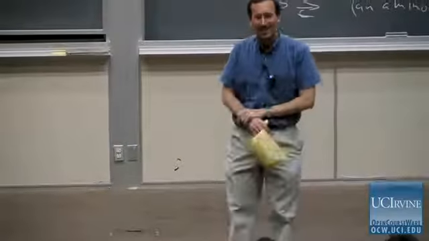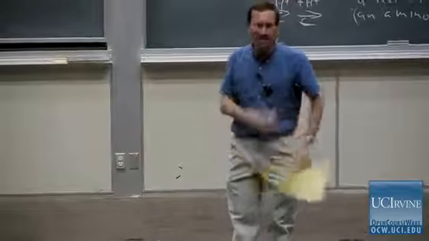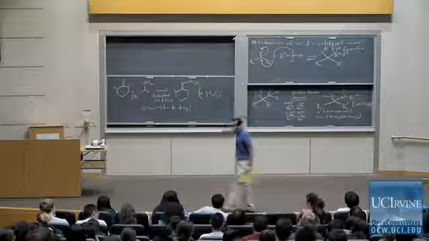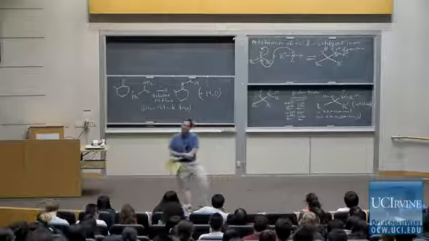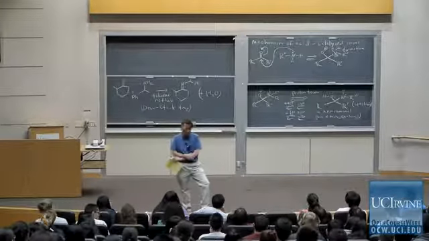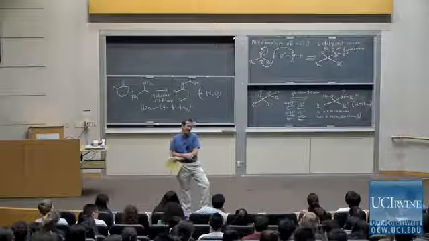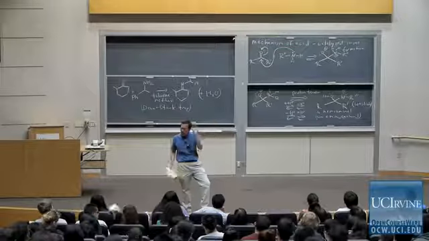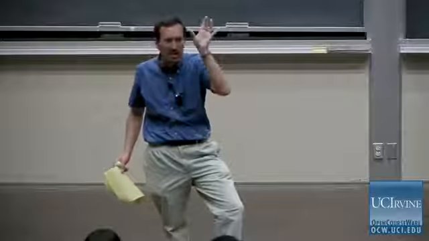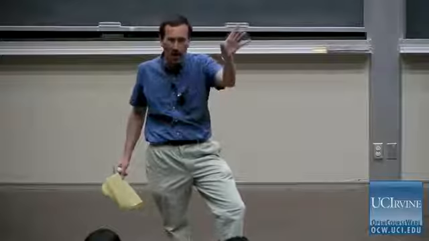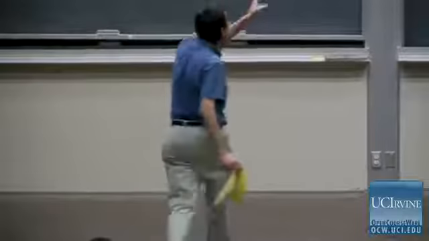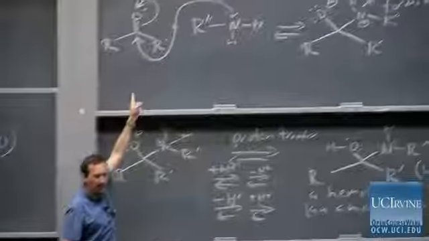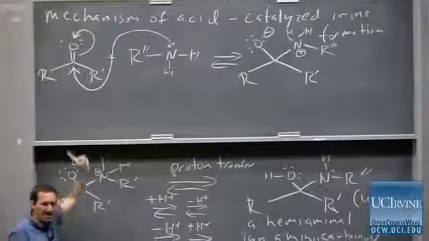So the question that's being asked from the front row is a really good one, and it caused me a little bit of thought and a little bit of consternation in putting together today's lecture. The question that's being asked, which is an extremely valid one, is why don't we protonate the carbonyl oxygen first by acid?